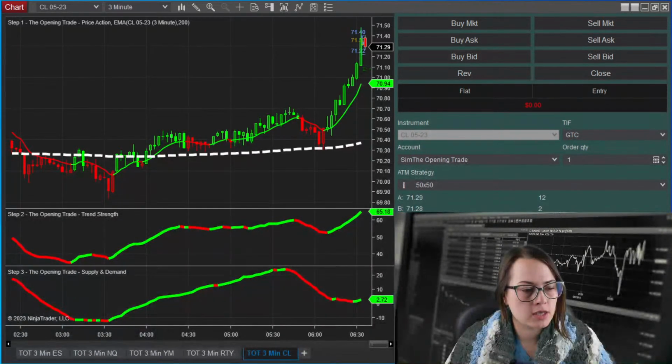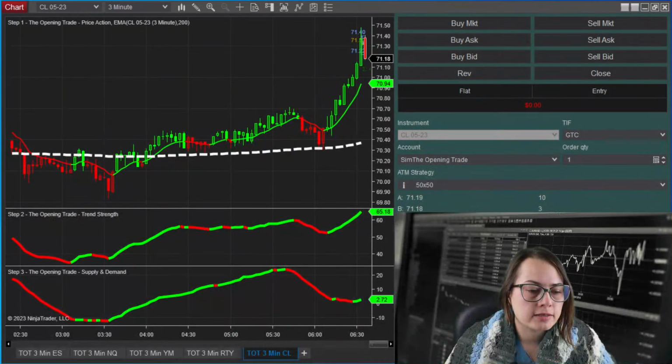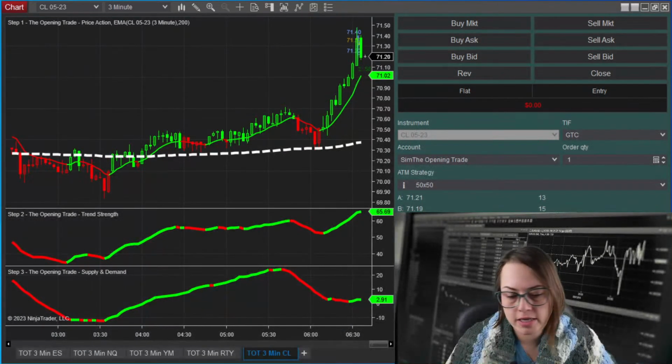DJIA raises 199.4 points, which is 62%. Nasdaq Composite rose 1.32%.